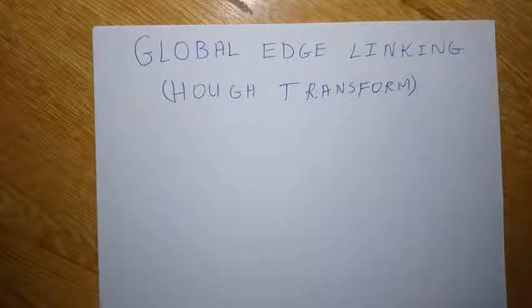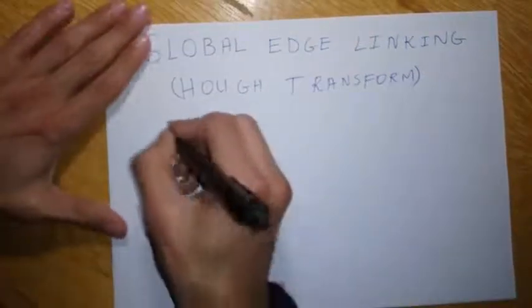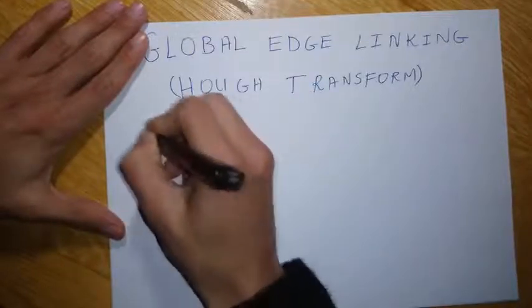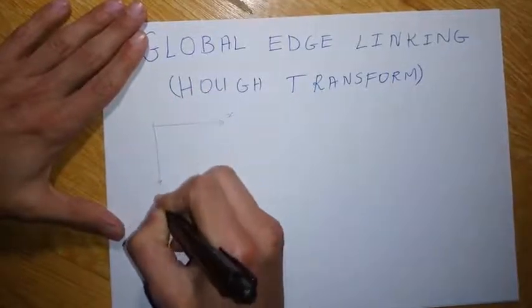Now, why is the slope-intercept form of the line not practical? There are many reasons, and the major one is this. So this is our image. This is the x-axis and this is the y-axis.